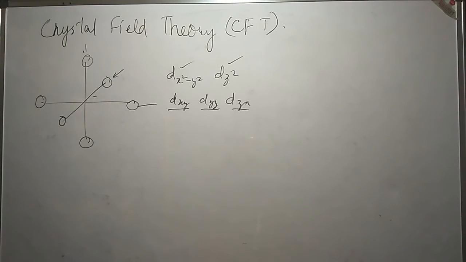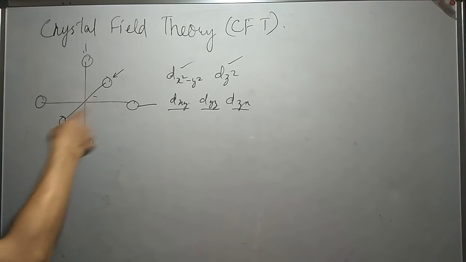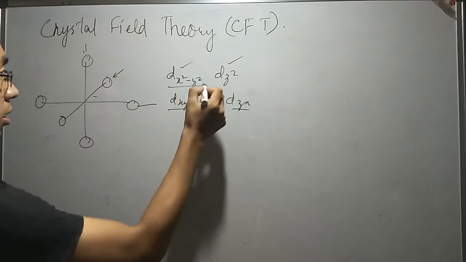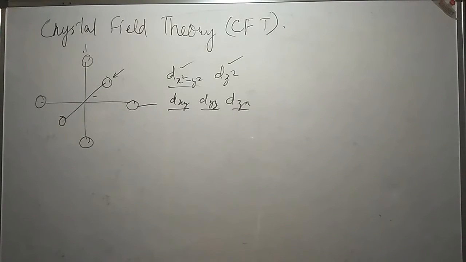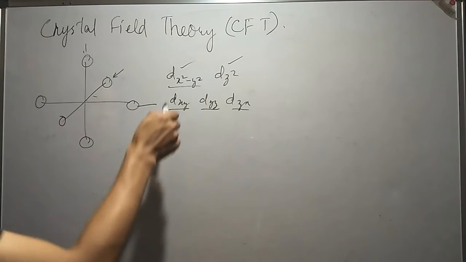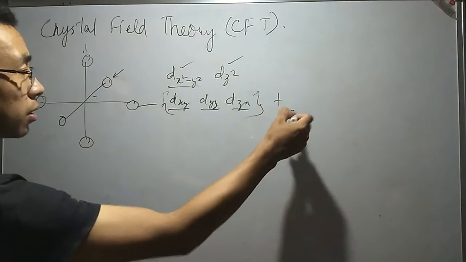The distance between the ligand and the orbitals along the axis will be much closer compared to the orbitals between the axes. Therefore dx square minus y square and dz square will experience greater repulsion, and they will be raised to a higher energy level compared to the T2g set.